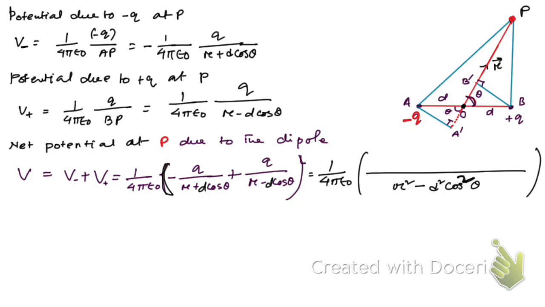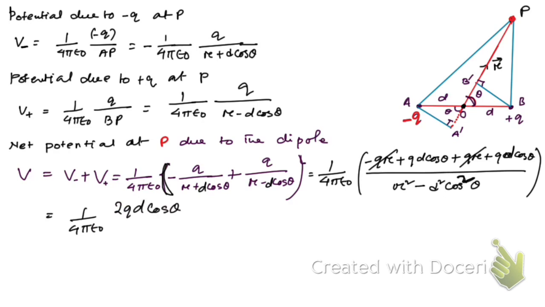In the numerator we have minus qr plus qd cos theta plus qr plus qd cos theta, so plus qr minus qr is gone. Here we have 1 by 4 pi epsilon naught, 2 q d cos theta divided by r square minus d square cos square theta, right?